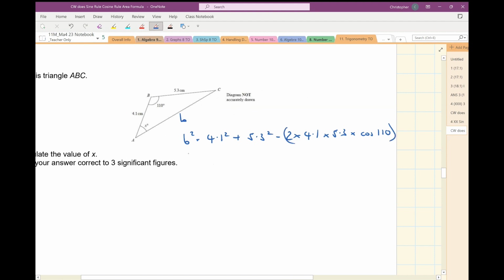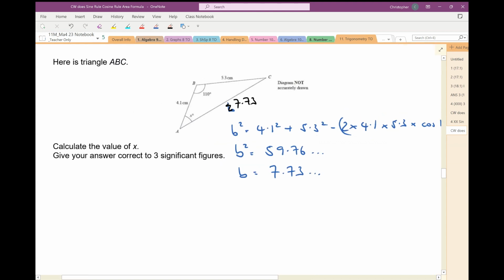So using my calculator, I can tell you that b squared is equal to 59.76, square root that, and b is equal to 7.73, and so on. So this side here is equal to 7.73.